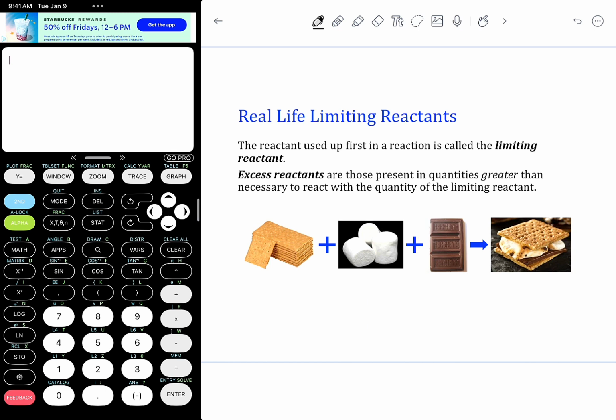When we buy a bag of marshmallows, there's usually just about enough to make that many as well. But when we buy chocolate, if we don't buy enough, then we can't make as many s'mores, because a s'more without chocolate is just disgusting. So whatever piece of the s'more that we have in lesser quantity is going to limit the number of s'mores that we can make. That's why we always end up with graham crackers left in our pantry that just end up going bad, because we're eating most of the chocolate anyways.